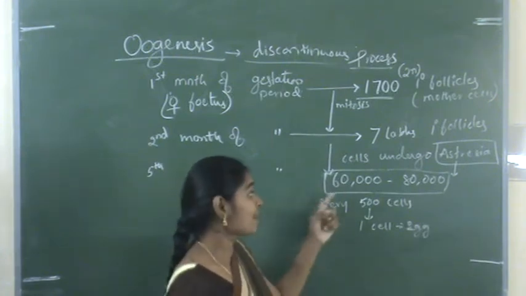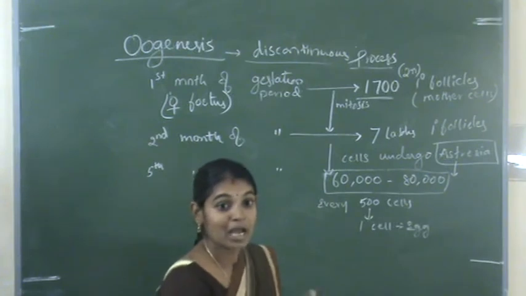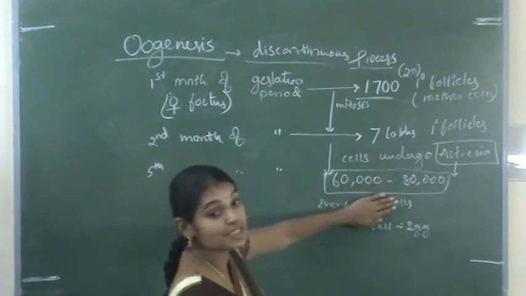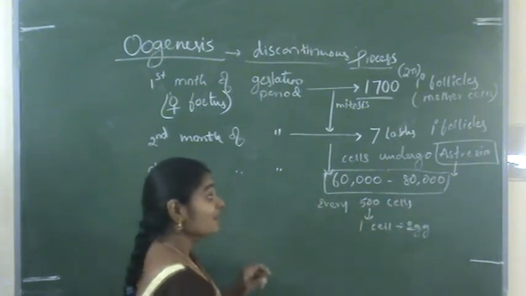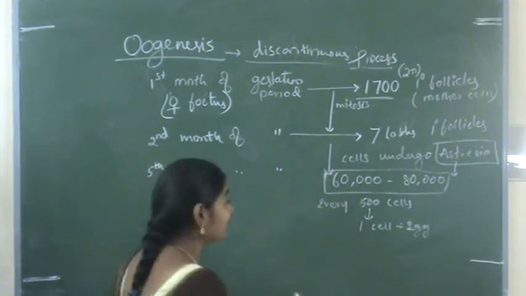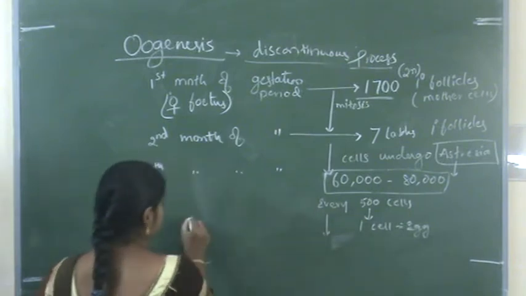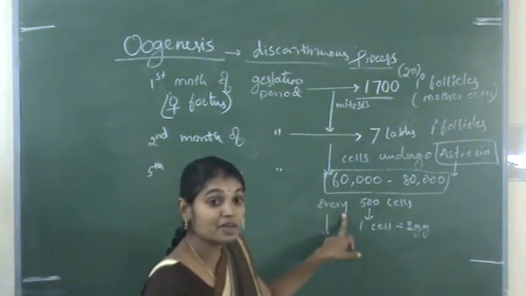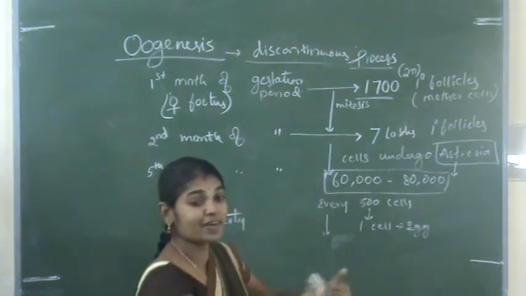Once this number is reached in each ovary at the time of birth, after that, during childhood, this process is temporarily stopped. Then when this individual attains puberty, out of every 500 cells, one cell develops into an egg.